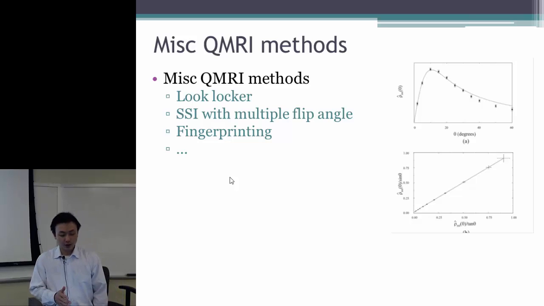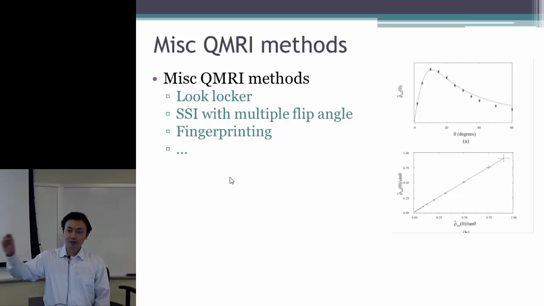So it will give you a series of images weighted by the different TI, and then in one single acquisition, if it's fast enough and we are not doing very high resolution imaging, we can plot out the whole inversion recovery signal curve, and then we can simply do a least square fitting to estimate the T1.